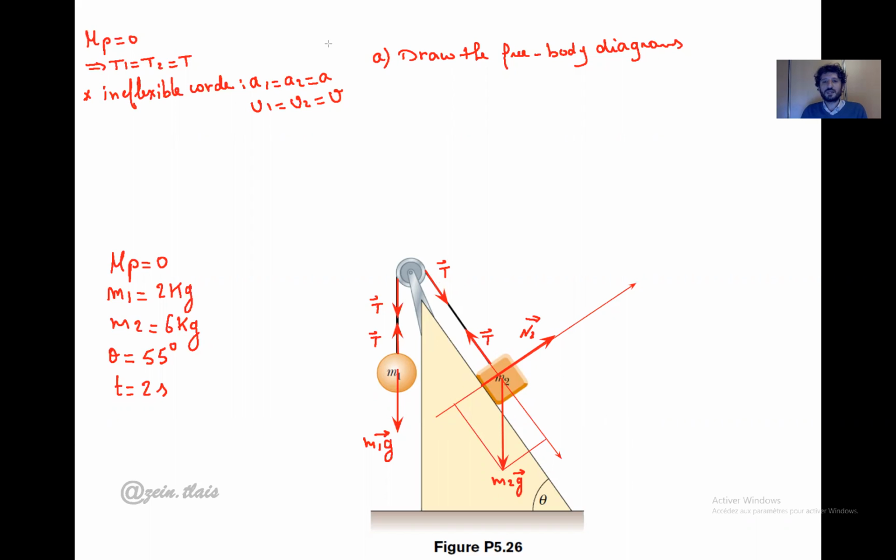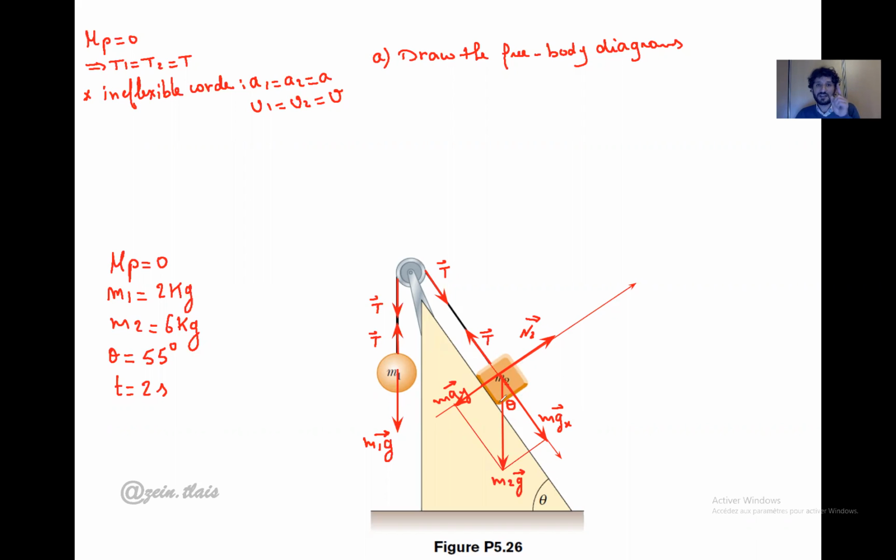We can do the projection of m2g on X and on Y. Okay, we get the components m2gx and m2gy. The angle between mg and the y-axis must be equal to theta.